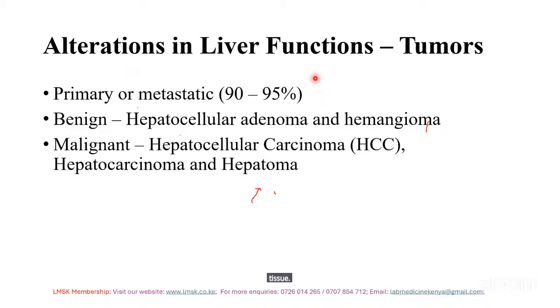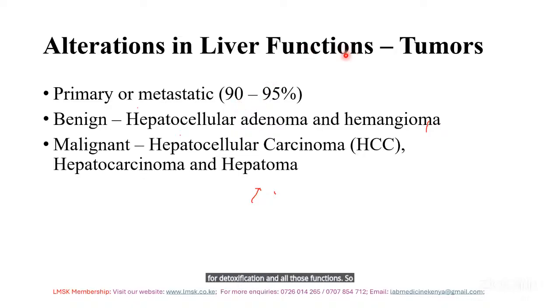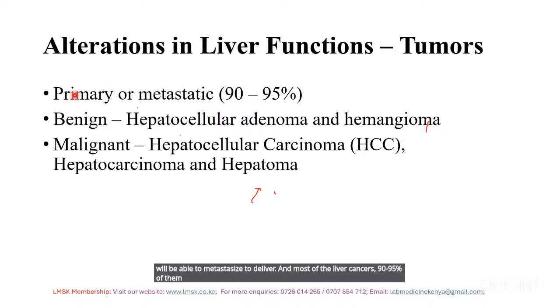Then now we have tumors, which are mostly not of primary origin but metastatic from elsewhere, and they're dislodging in the liver because of the nature of the liver. It's receiving blood from all over the body for detoxification and all those functions. So most tumors are able to metastasize to the liver, and most of the liver cancers, 90 to 95% of them, are metastatic, not primary.